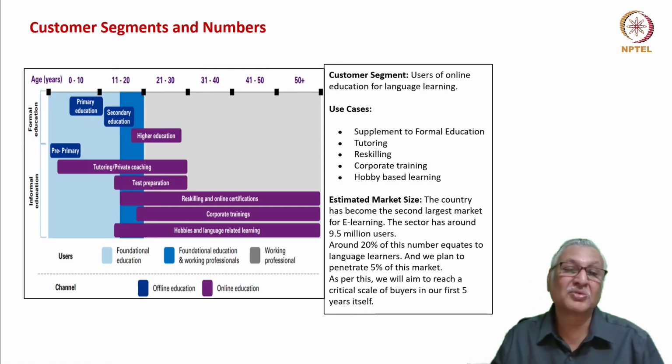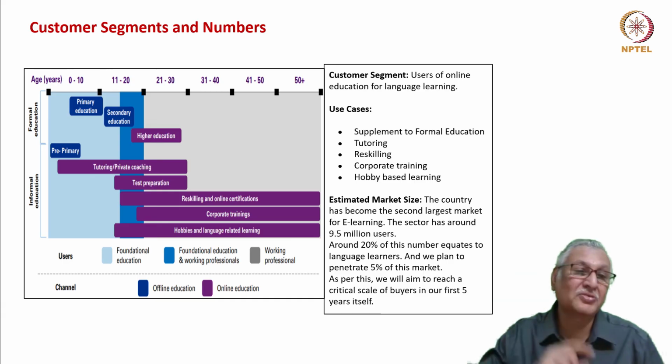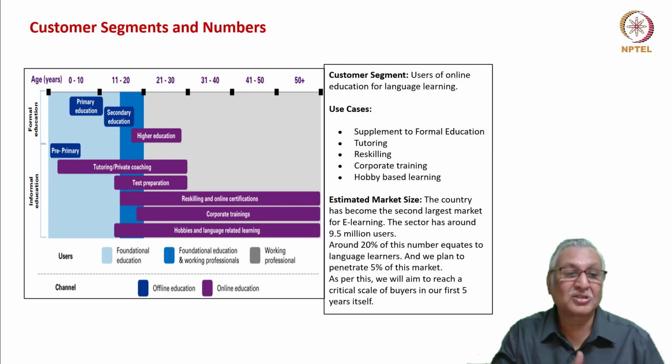So what are the customer segments and numbers? We will go back to the original theme of how online and offline, informal and formal education across pre-primary, primary, secondary and higher education occur for different age groups, and what are the functionalities they are choosing in respect of each of the phases. So the customer segment overall, uses of online education for language learning.